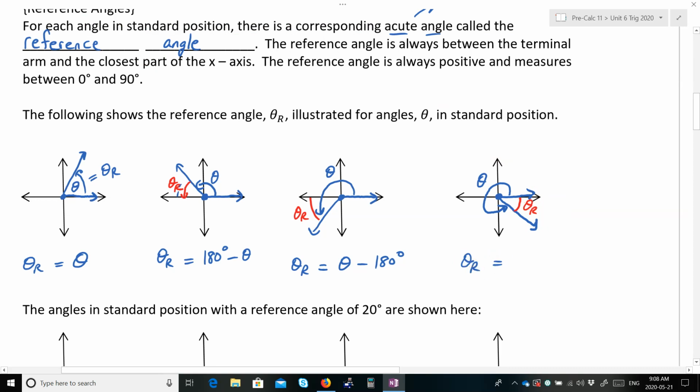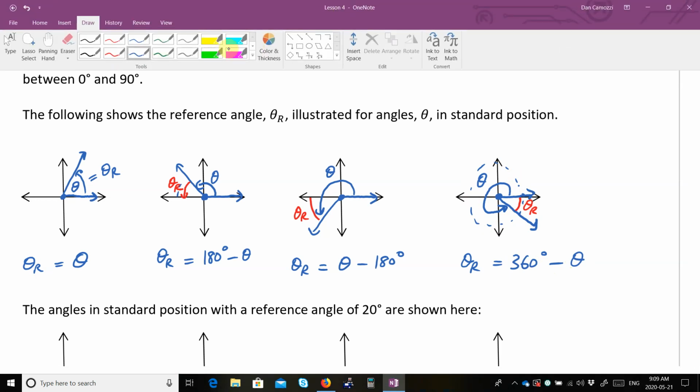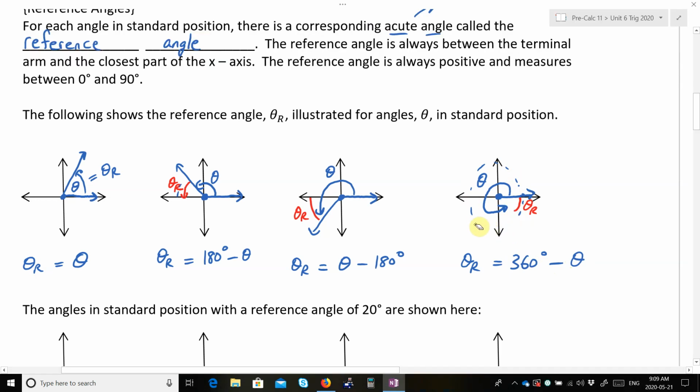How would I get that missing piece right there? Well, all the way around the circle is 360 degrees, and if I subtracted off angle theta, it would leave me that small little reference angle remaining.